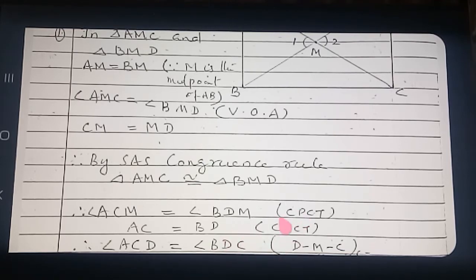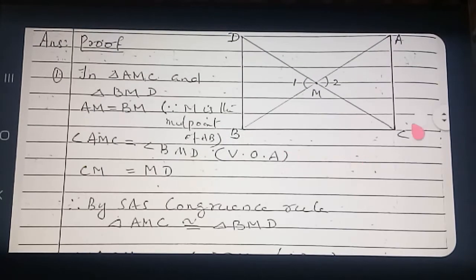Clear? Now you see here, these two angles are what type of angles? Alternate angles, and they are equal. Therefore we can say these two lines are parallel. If these two lines are parallel, what can you say? These two angles are what type of angles? Interior angles on the same side of the transversal BC.